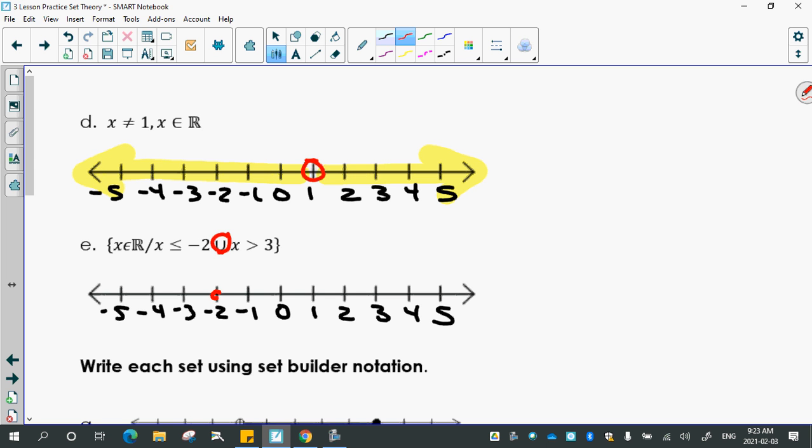Okay, so I see people have a closed dot around -2, which is awesome.